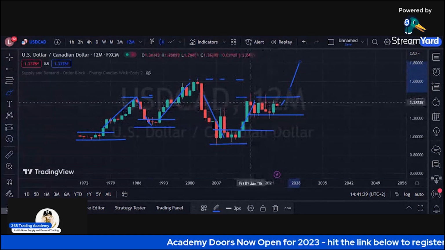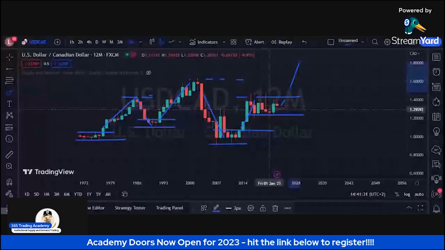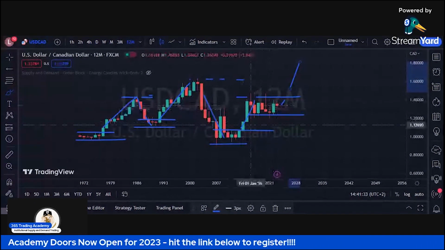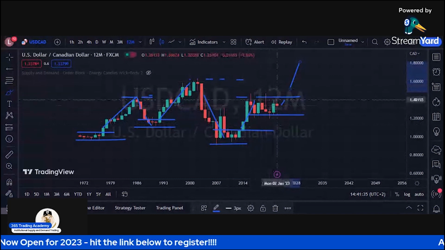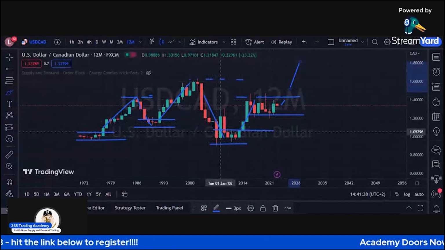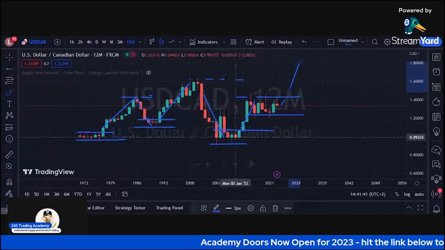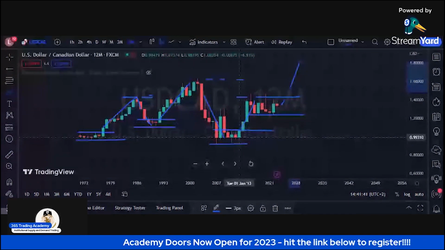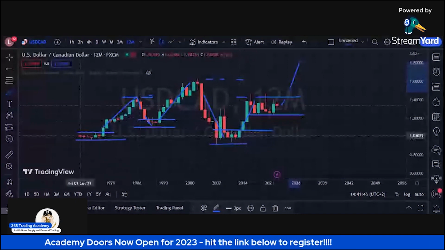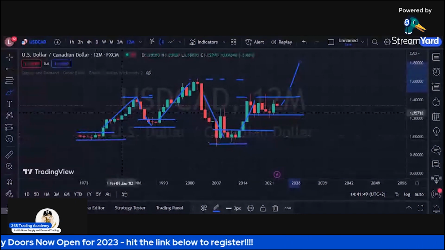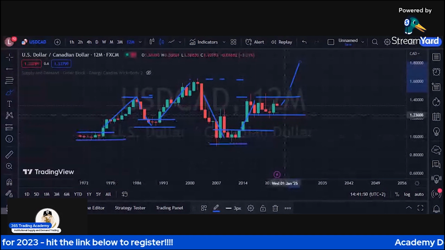Let's see. 1, 2, 3, 4, 5, 6, 7 plus this. So now 8th year right now, basing sideways. Last time it took us about 3 years of basing, sure, but 4 plus 3, 7 to explode to the upside. Here it took about 3. Here it took about 8. Right. So we're very close to price deciding where to go.